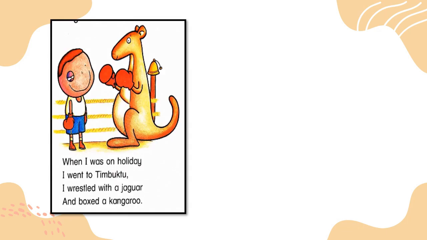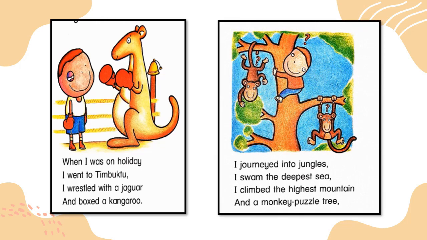Let us start. When I was on holiday, I went to Timbuktu. I wrestled with a jaguar and boxed a kangaroo. I journeyed into jungles. I swam the deepest sea. I climbed the highest mountain and a monkey puzzle tree.